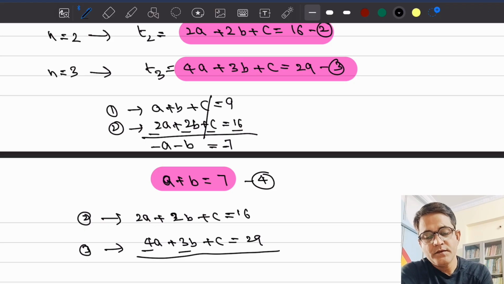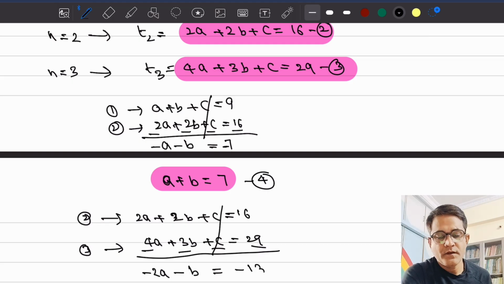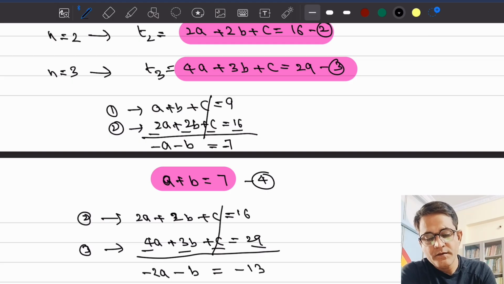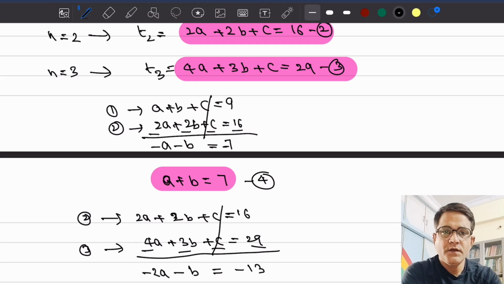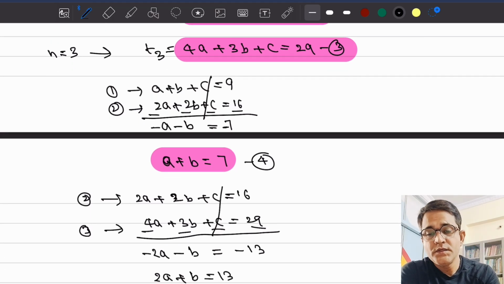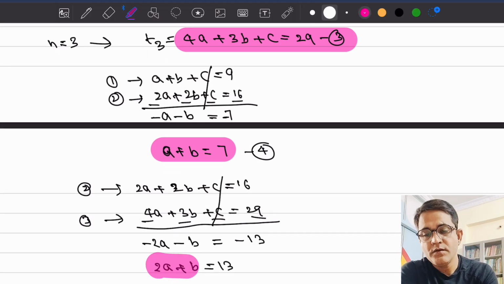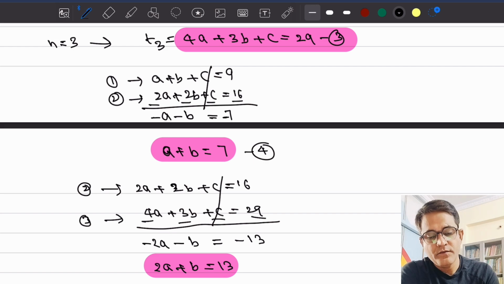C cancels. This is minus 2A minus B is equal to minus 13. So that is 2A plus B is equal to 13. This gives equation number 5.